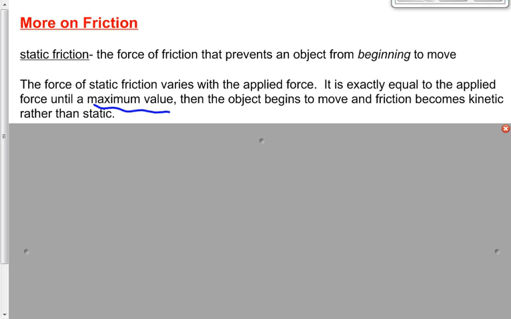Balances my applied force. Push on it with 11. Doesn't move. Push on it with 13. What happens? It moves. Static friction was what it had to be until I exceeded it, and then the object began to move, until I reach a maximum value, then it begins to move.